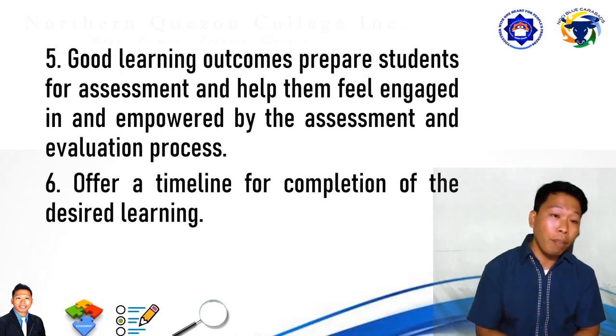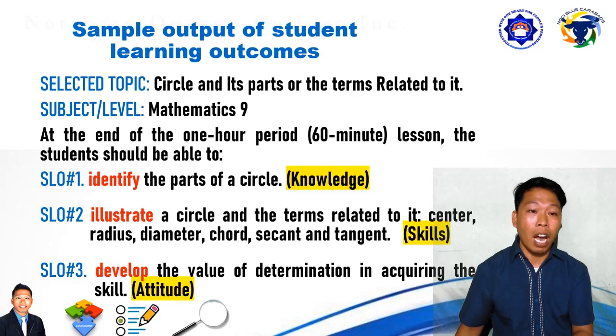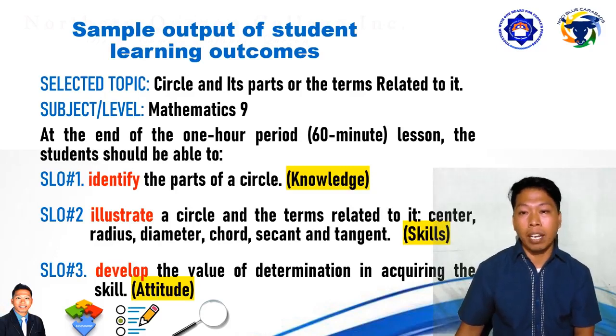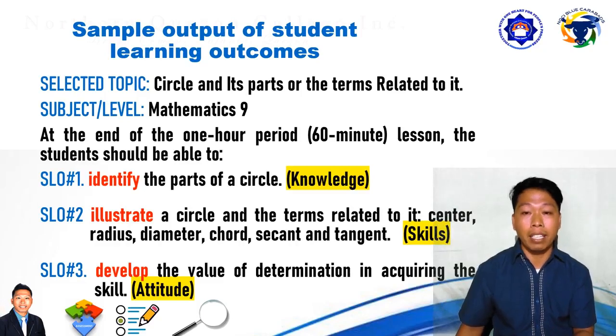At this point, I will give you a sample output of student learning outcomes. Our topic is circle and its parts or the terms related to it. Ang subject and grade level natin is Mathematics 9.